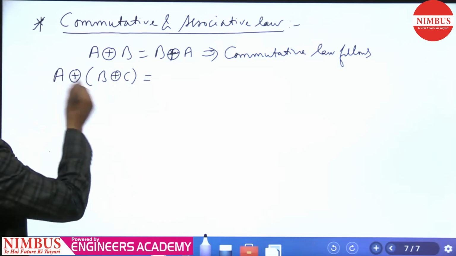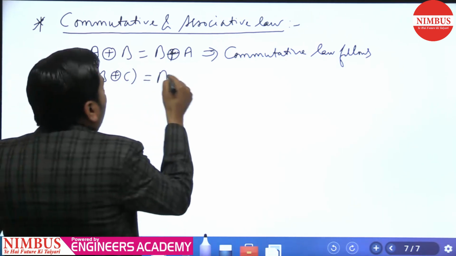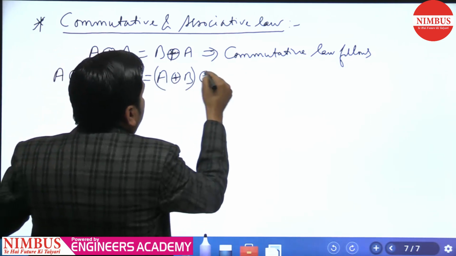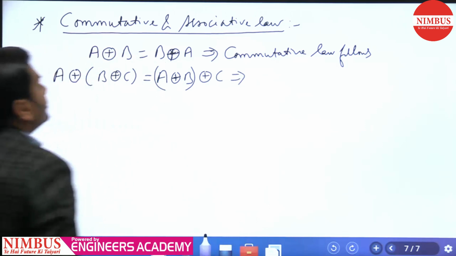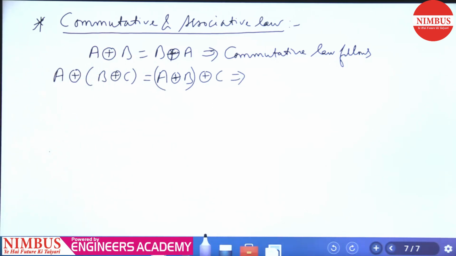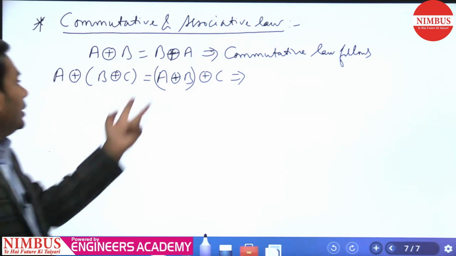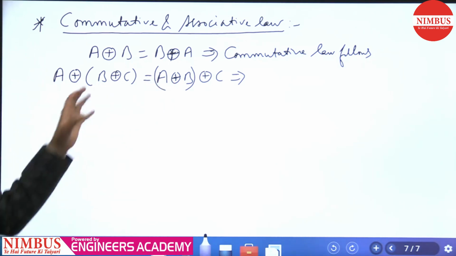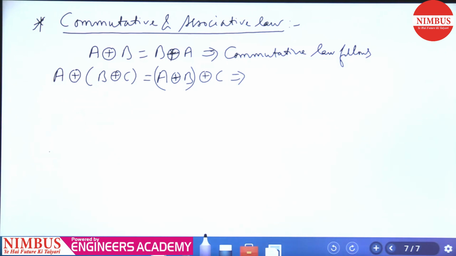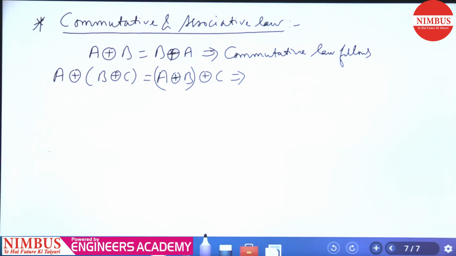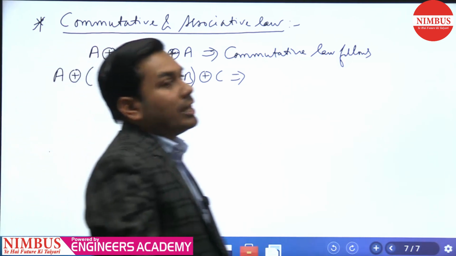For the associative law, we have B XOR C having a XOR with A, and A XOR B having a XOR with C, right? If both are the same, that means the associative law follows for the XOR gate.